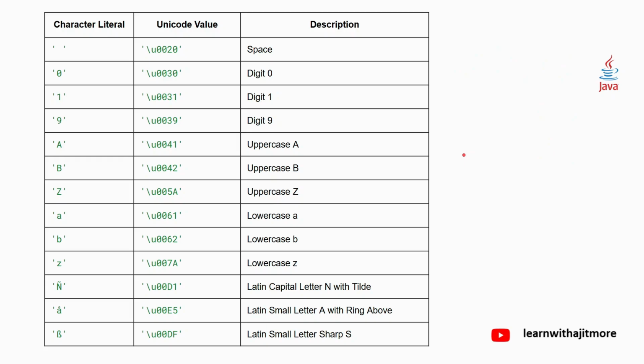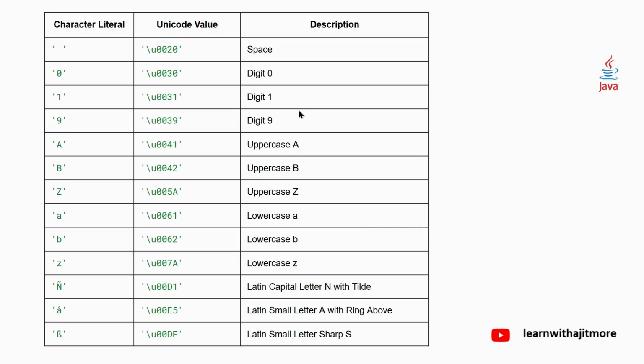So all the characters in the globe are included, and 64,000 is sufficient, is what they say. As many character sets as there are in the entire globe, they all can fit into 64,000. Getting? Therefore, 2 bytes is sufficient. 2 bytes means 16 bit. Okay. I hope this part is clear to you, means character literals are clear.